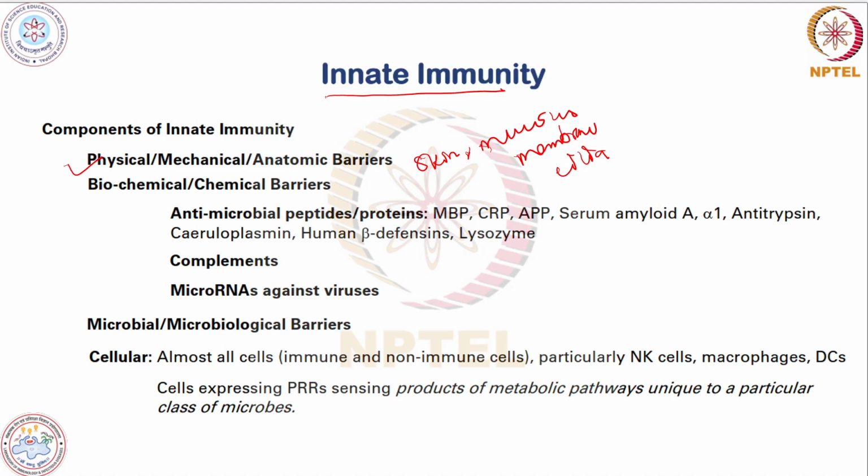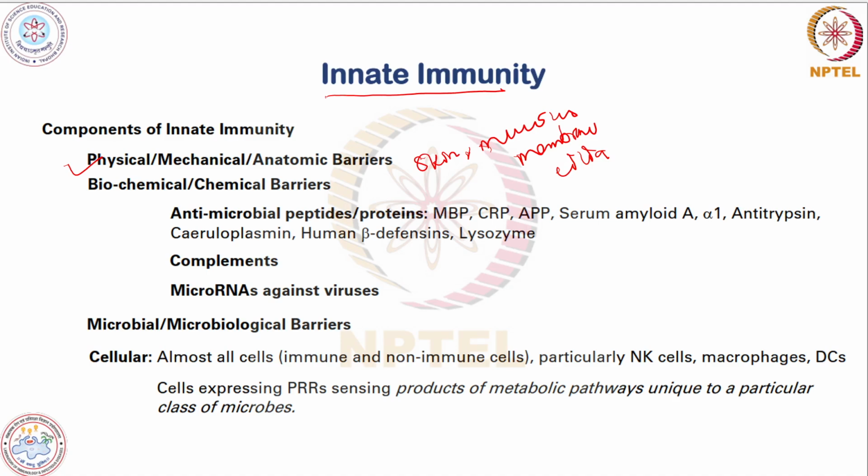So we have just started about innate immunity, which we have already discussed in our very initial lectures. This is the first line of defense against infections. Unlike adaptive immunity, innate immunity is always present with us and it acts immediately when a pathogen enters the body. It is present with us from birth. So we were discussing the components of innate immunity.